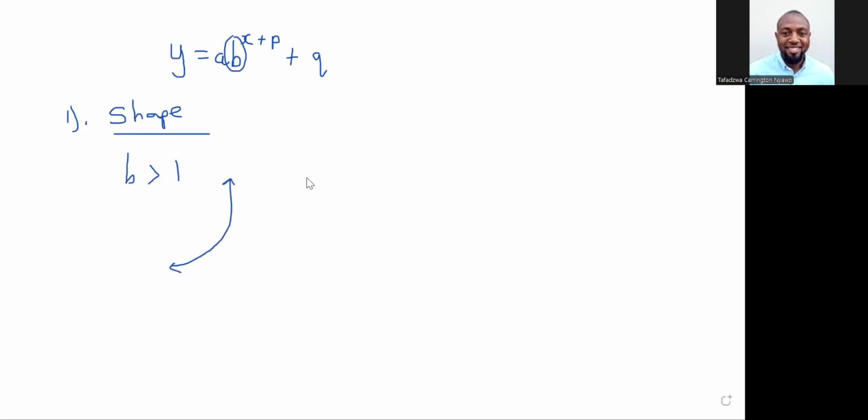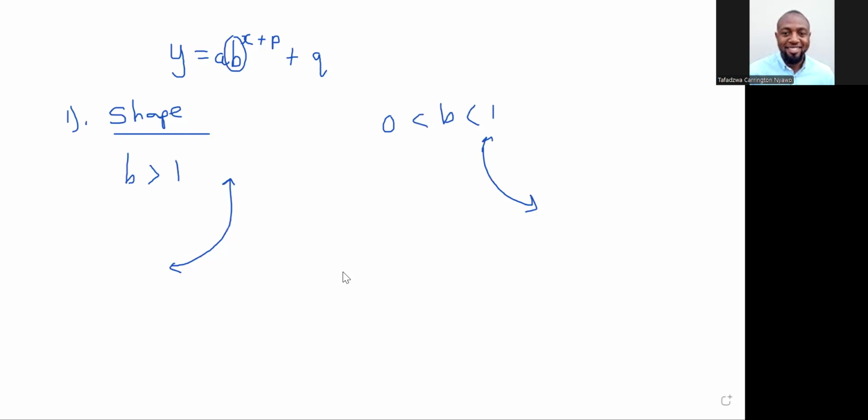And if b is between 0 and 1, the shape is decreasing, so the shape will be like that.